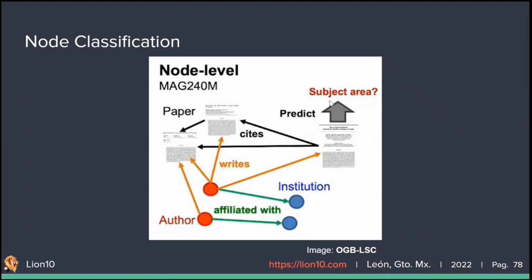I can see this being a little more complex in this picture, but just to showcase, we want to predict what subject this belongs to, and this is on top of a relational, directed graph.